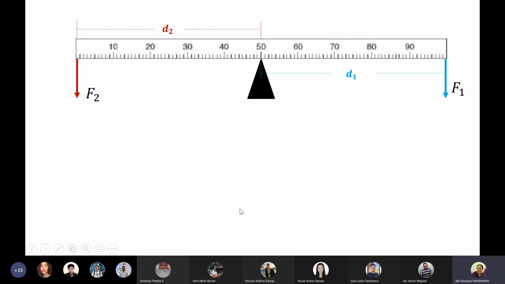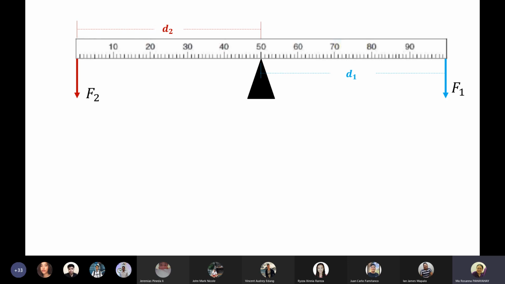So again, hopefully, I discussed this one in the previous video. So here I have a 1 meter stick and I have two forces acting on the meter stick. So that is F1 and F2. Now, remember, we will also discuss here the center of mass.